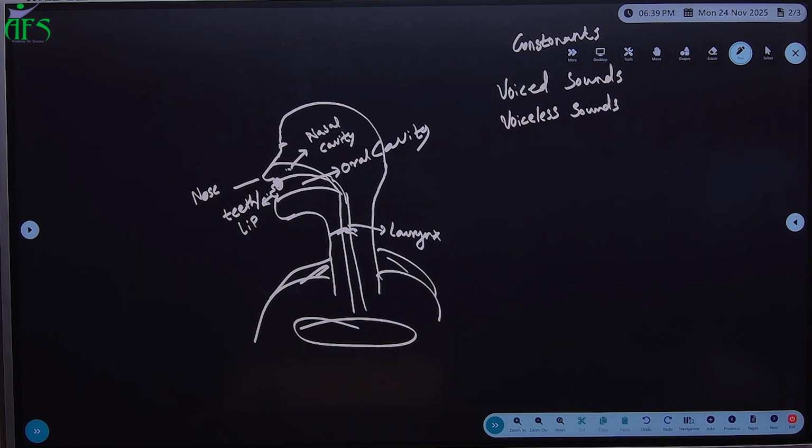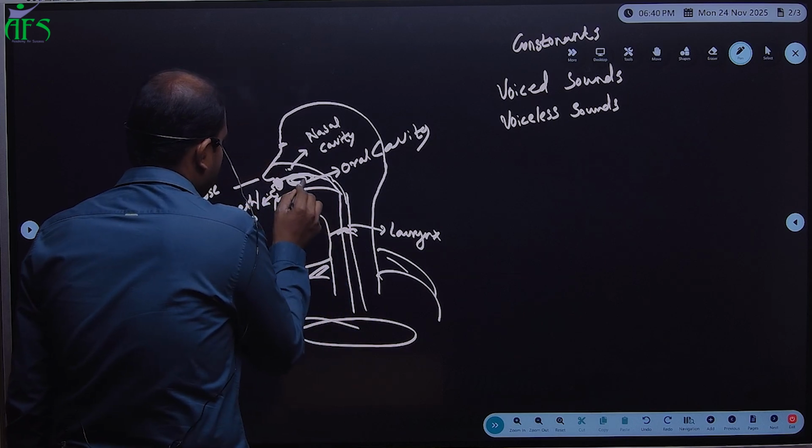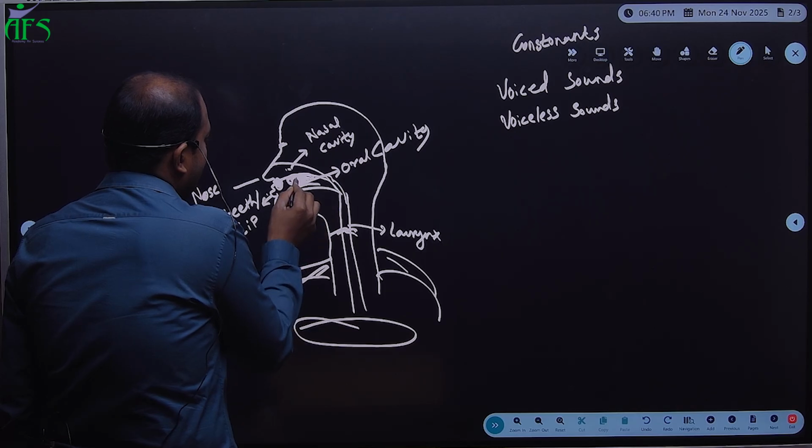Get it? Then friends, alveopalatal, which is also called palato-alveolar, right? So the sounds articulated when the tip of the tongue and blade of the tongue is quite close to the alveolar ridge, and the front of the tongue is also raised towards the hard palate. Now where is the hard palate? Here is the hard palate. So your tongue raises high here.